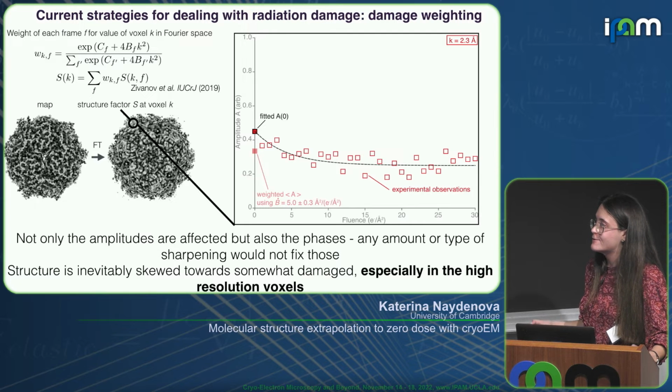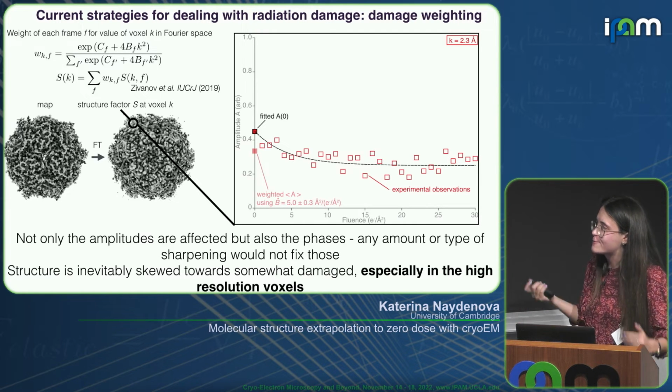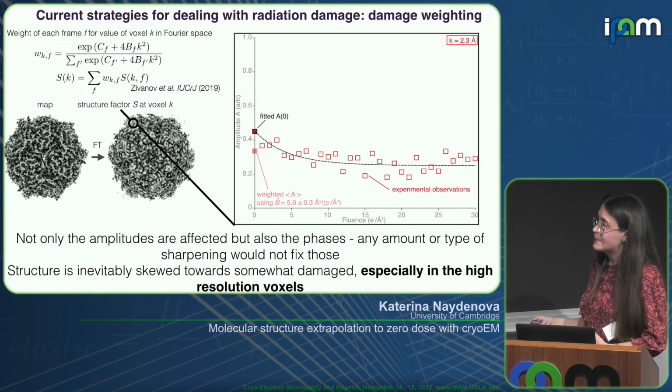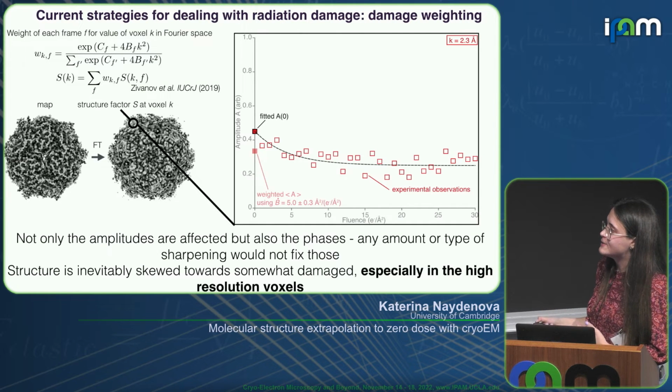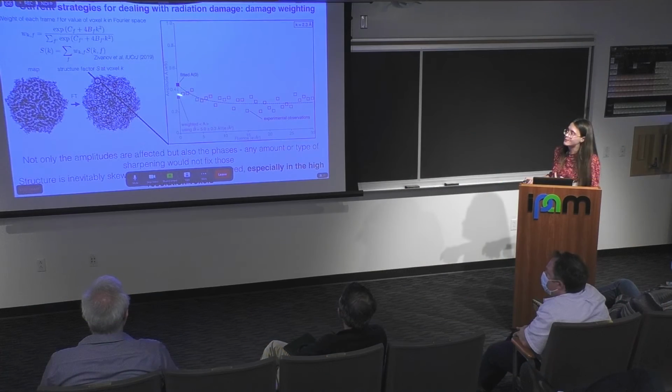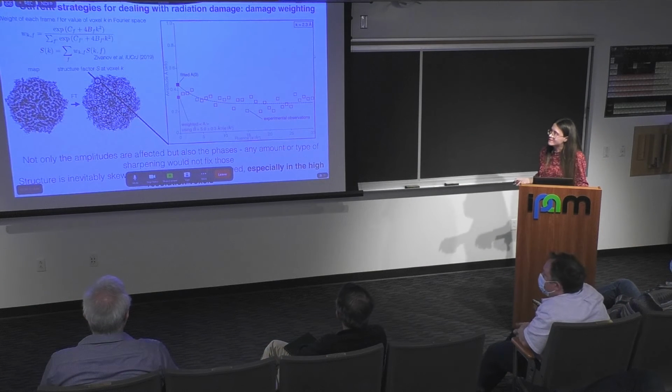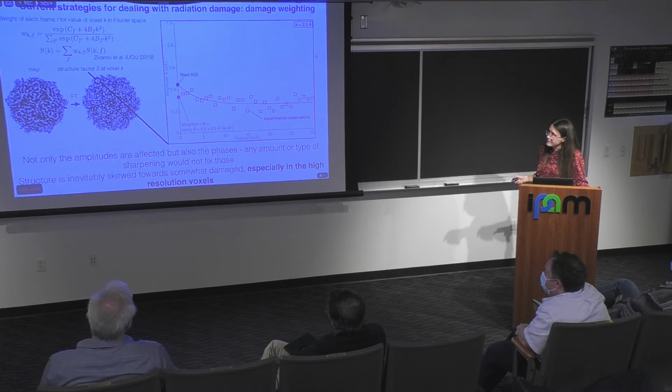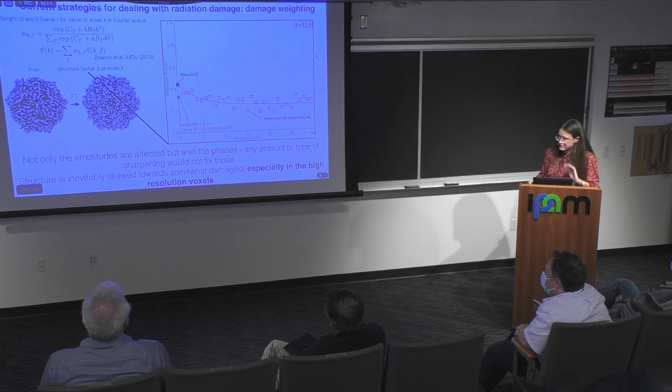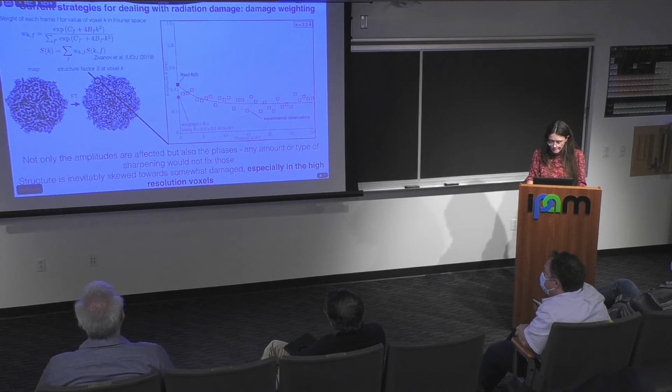But the same phenomenon happens to the phase of the structure factor, and no amount of sharpening will fix that. So all the phases will be slightly skewed towards the somewhat damaged value. And this becomes more and more important the higher in the resolution you go.